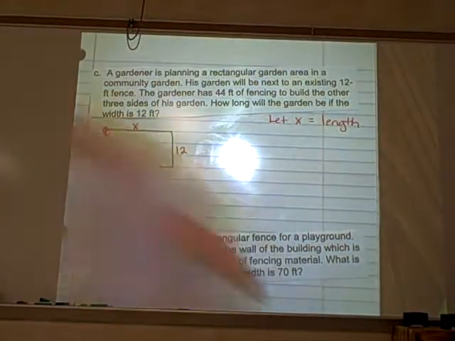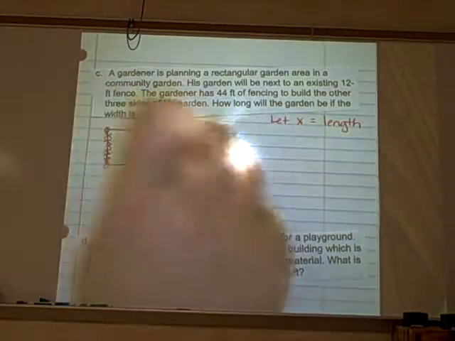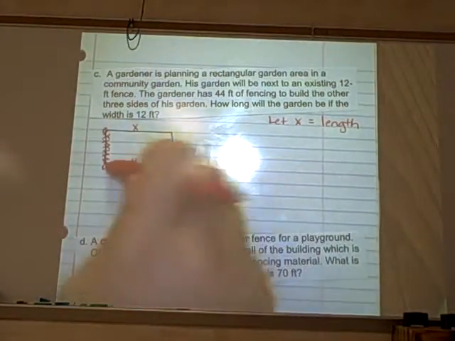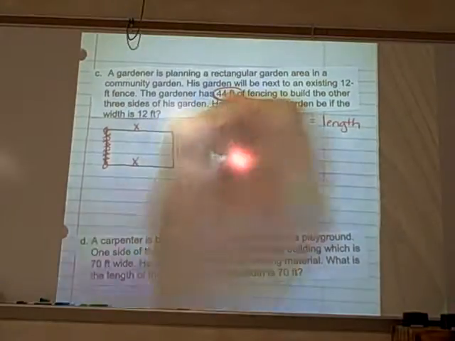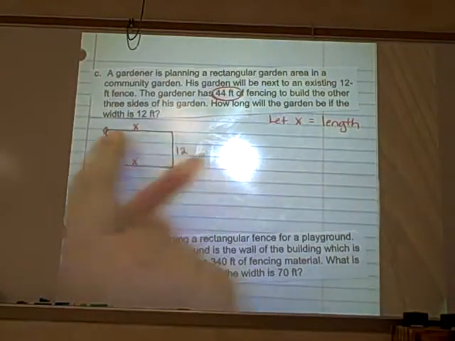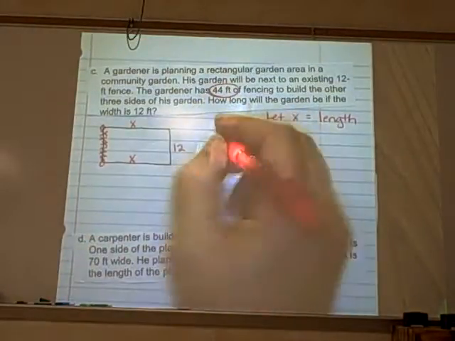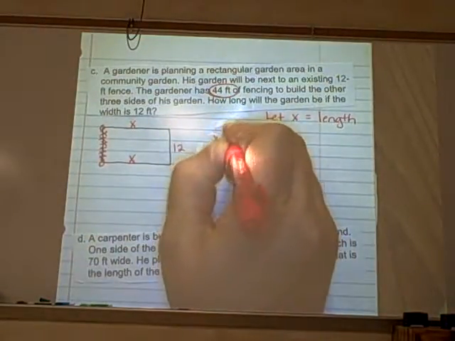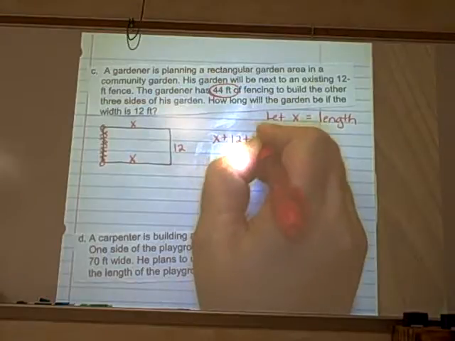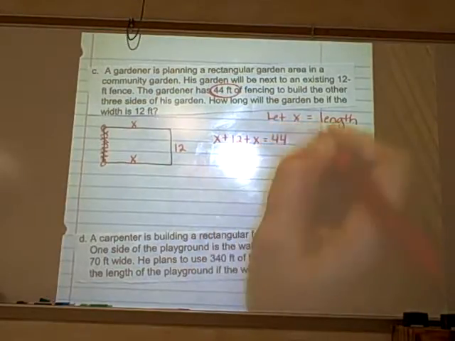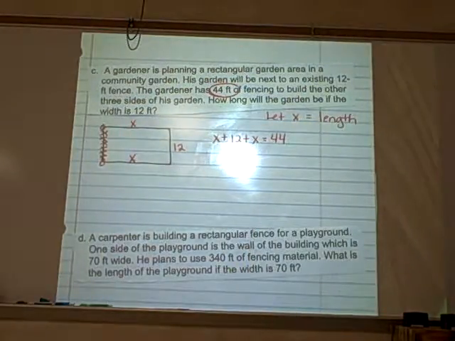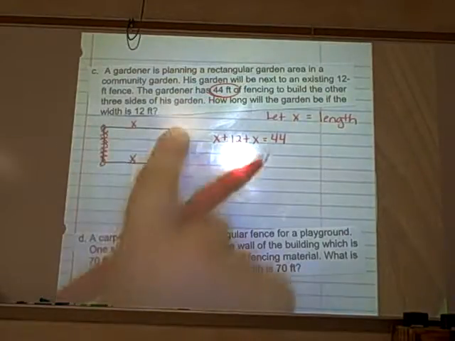So I know that he's making a fence from here to there, and he's got this much. So this plus this has to add up to that. So my equation is X plus 12 plus X equals 44, because I just added up this one plus this one plus this one.